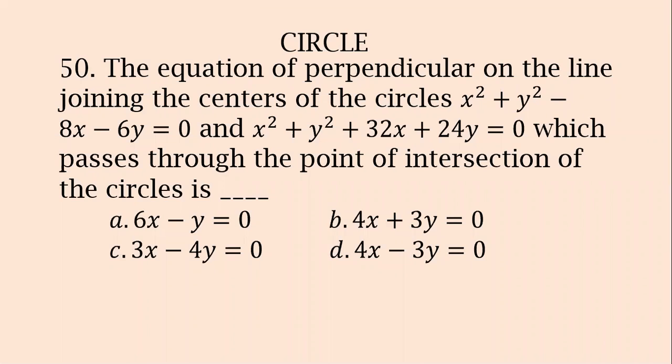See the question number 50. The equation of perpendicular on the line joining the centers of the circles, this one and this one, which passes through the point of intersection of the circles. Under that condition we have to find out the equation of perpendicular.